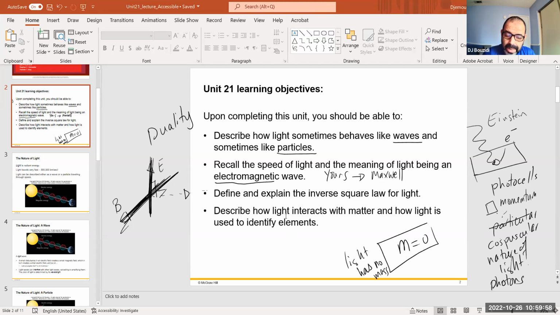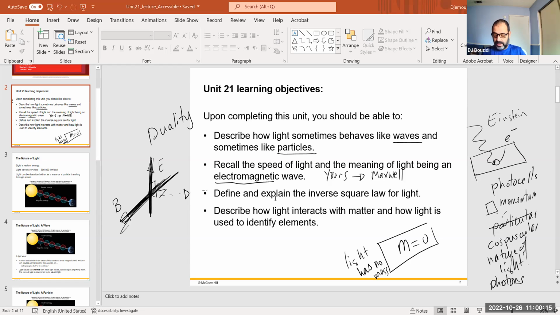Now, light, and this is true for any kind of wave also, okay, a wave transports energy, takes energy from place to place. No material is moved. As a matter of fact, light travels in vacuum. It does not even require a medium at all to travel in.